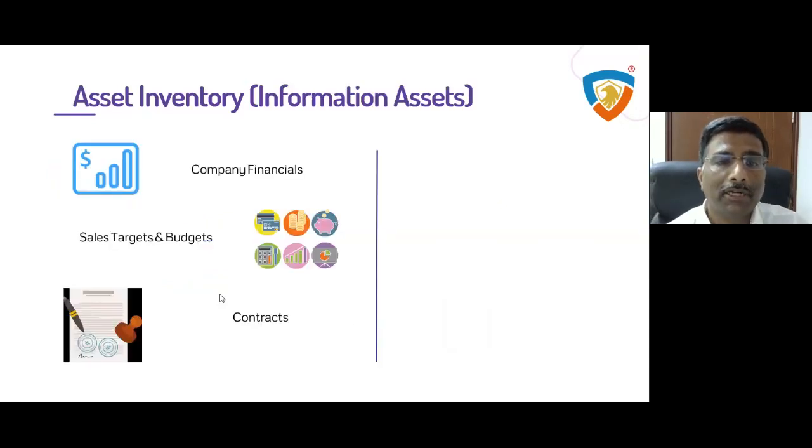So continuing further, when we talk about assets, another typical mistake is that people think about hard assets, physical assets, but not about the information assets. A lot of time and energy has to be specifically spent on classifying the information assets, like company financial documents, your budgets, important agreements and contracts that have been signed, and other things like databases.